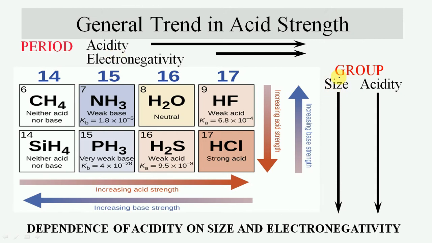Similarly, when we move in a group from top to bottom, the size of the atom increases and the acidity of the compound will increase. So acidity depends upon two factors: the size and electronegativity of the main atoms.